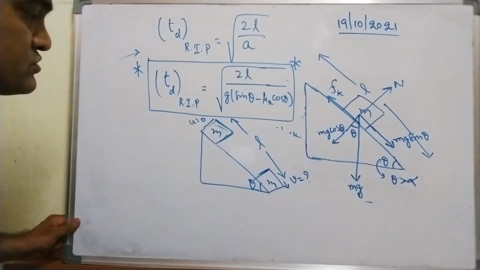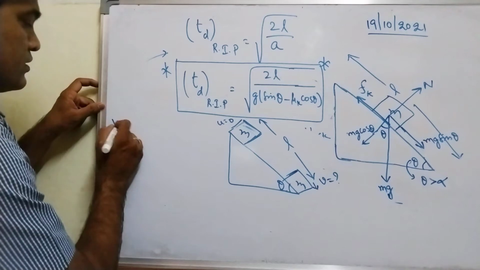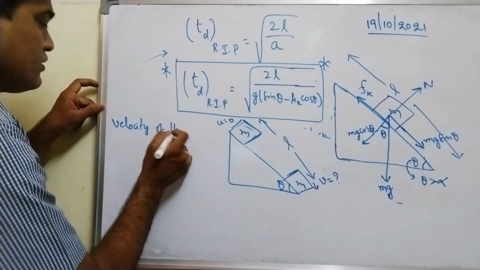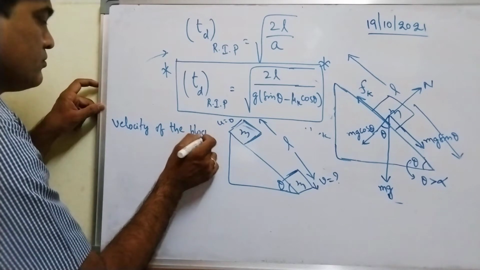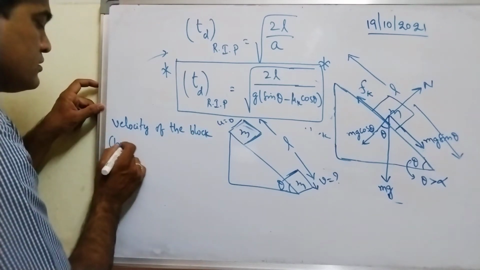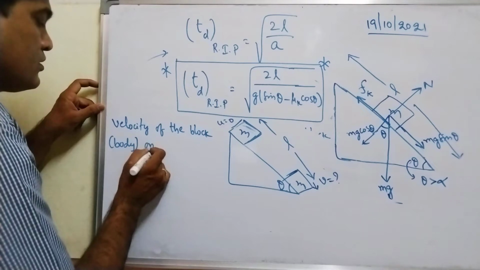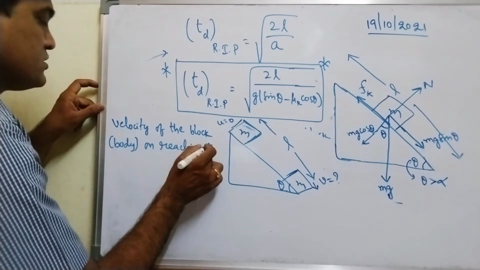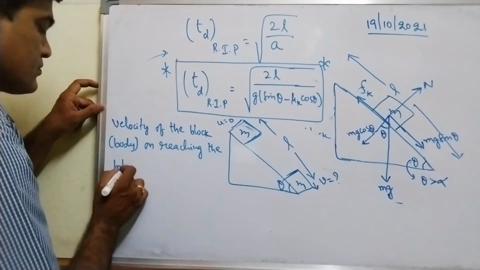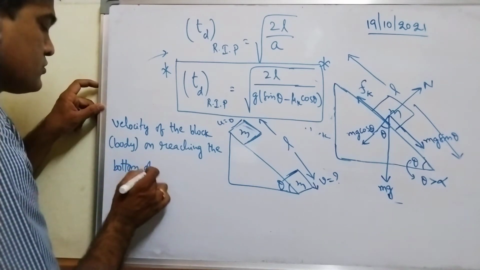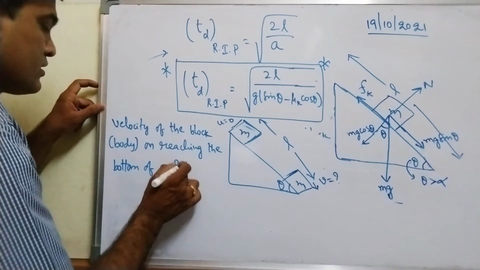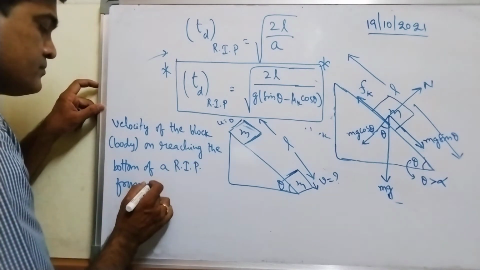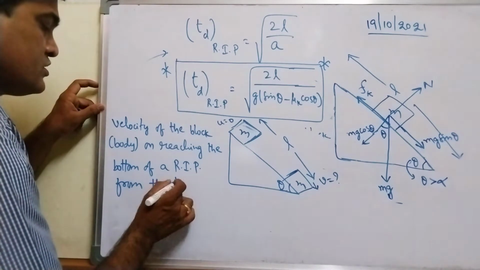So the heading is: velocity of the block on reaching the bottom of a rough inclined plane from the top.